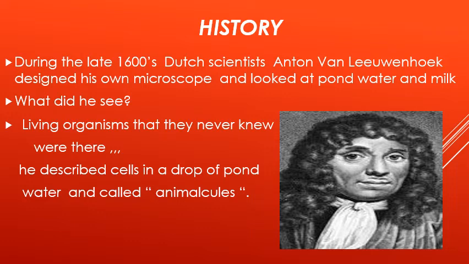He described cells in a drop of pond water and called them animalcules. This was the first time the term animalcules was used for the small things he saw in the drop of pond water. Now we can tell that these animalcules were basically bacteria, but at that time bacteria were not discovered. So he was the first person to see them.